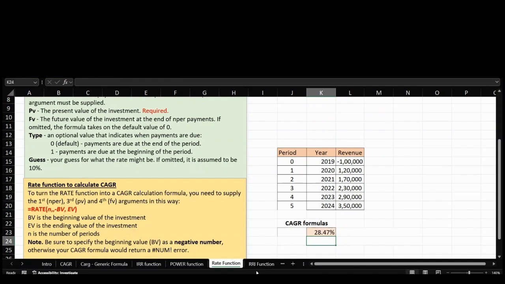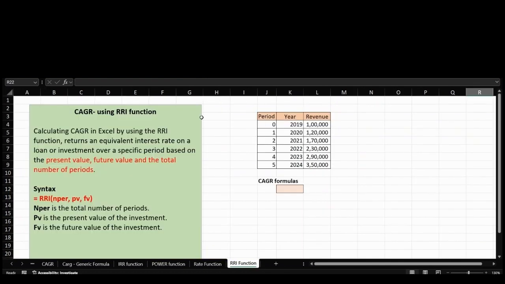Now we'll see how to use the RRI function to calculate CAGR. Calculating CAGR in Excel by using the RRI function. It returns an equivalent interest rate on the loan or investment over a specific period based on present value, future value, and total number of periods.